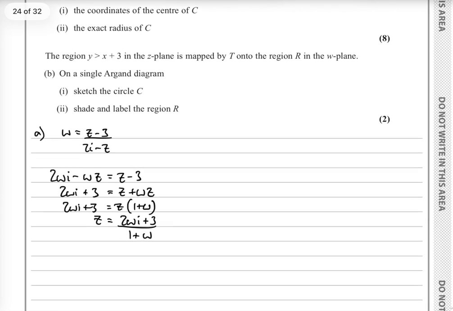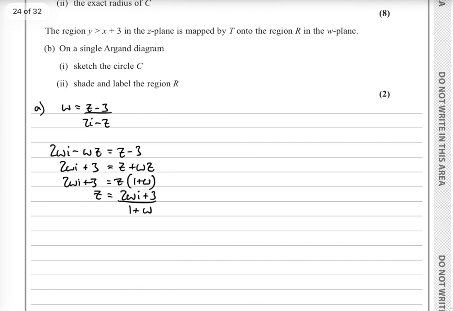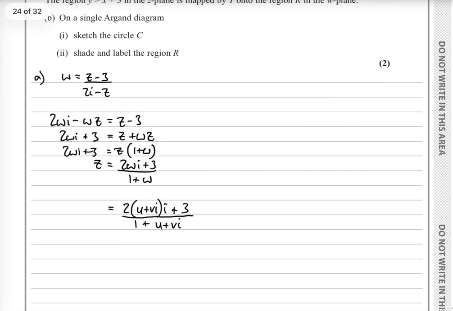Now in order to separate the real and imaginary parts, we must put in w as u plus vi, because w contains both elements, and to split it properly or fully, you need those elements to be separable. That's why we need to put that in at this stage.